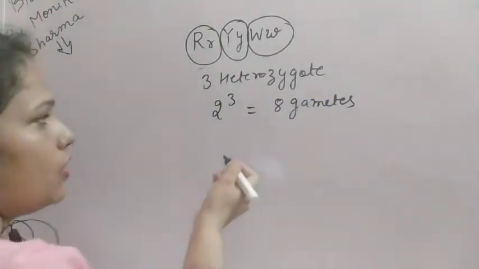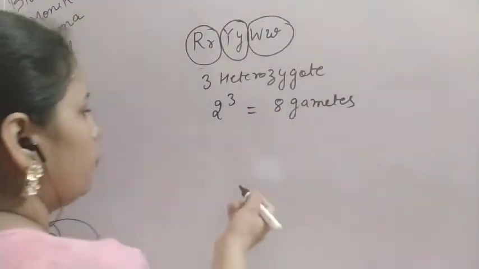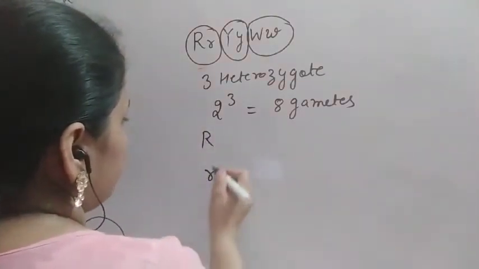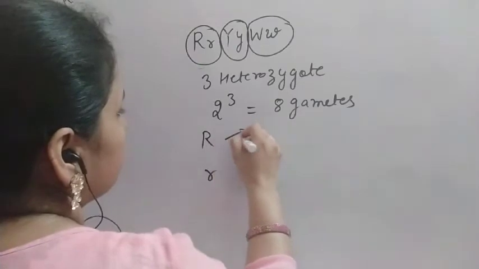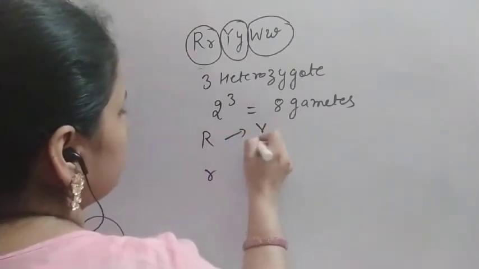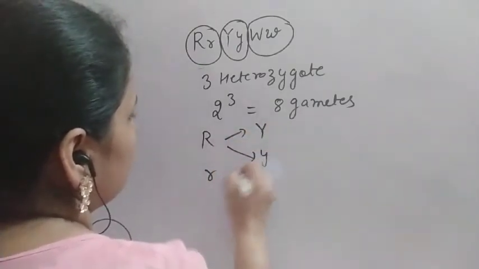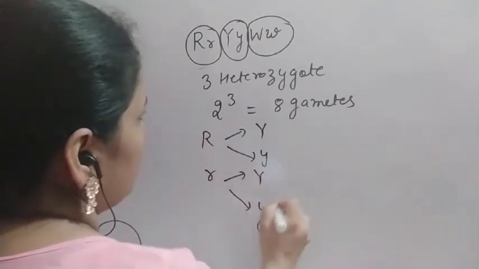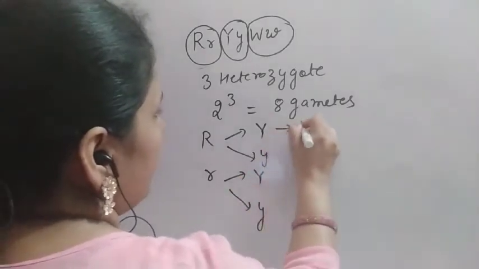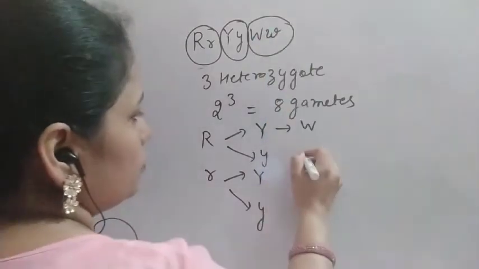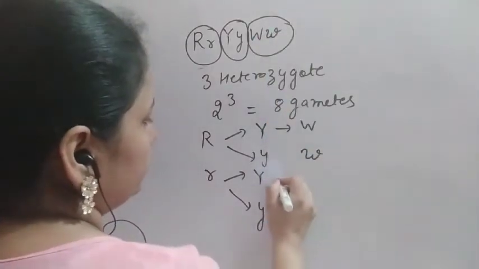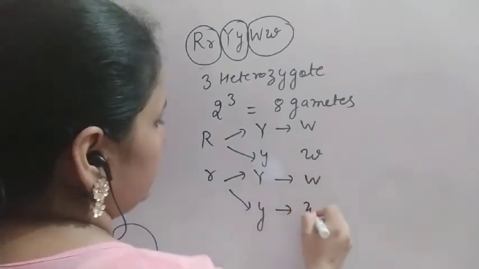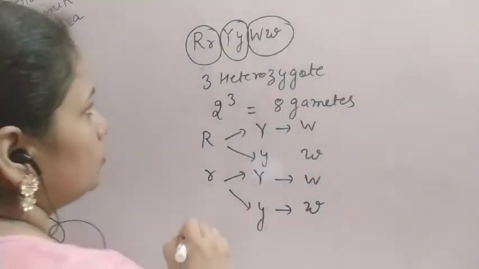Now let's solve how 8 gametes are formed. Capital R, small r, then capital Y, small y, capital Y, small y, then along with capital W, small w, capital W, small w.